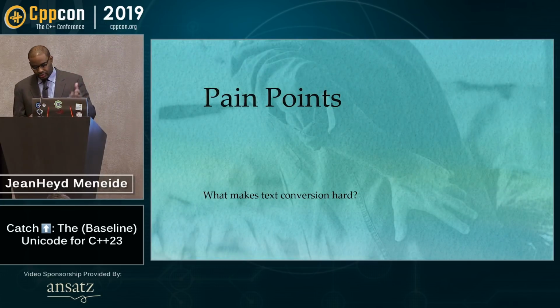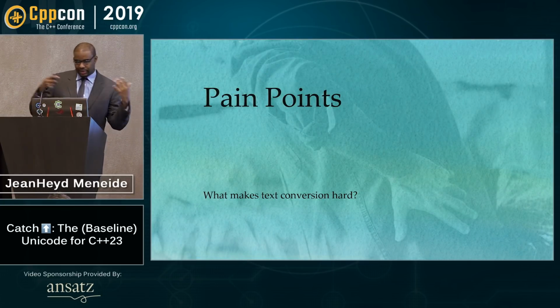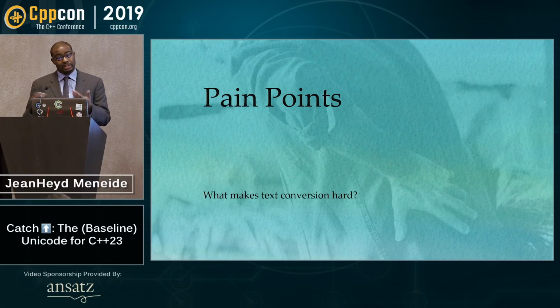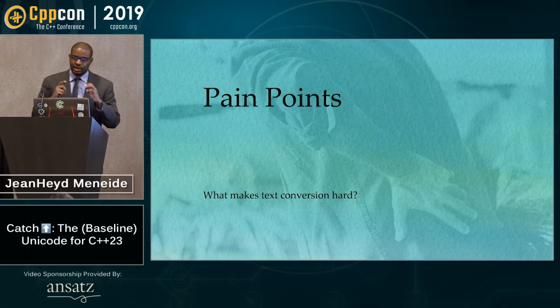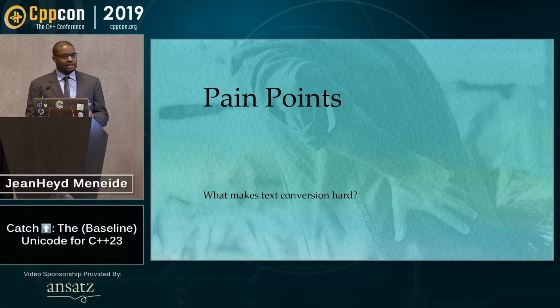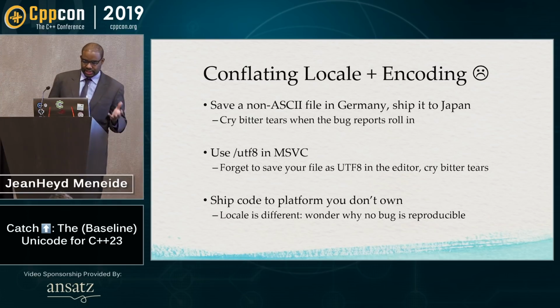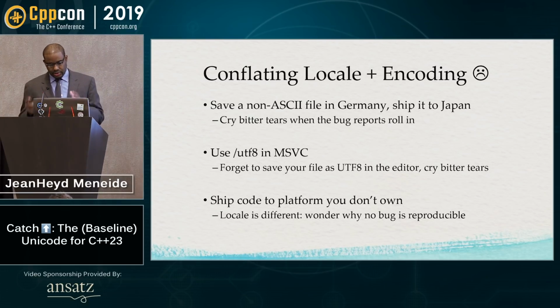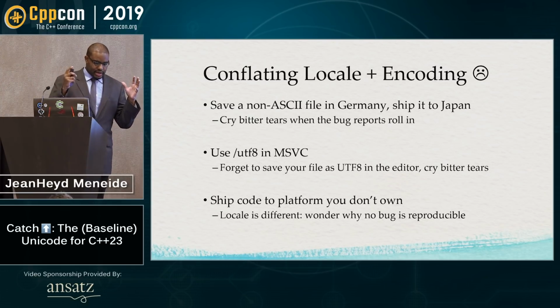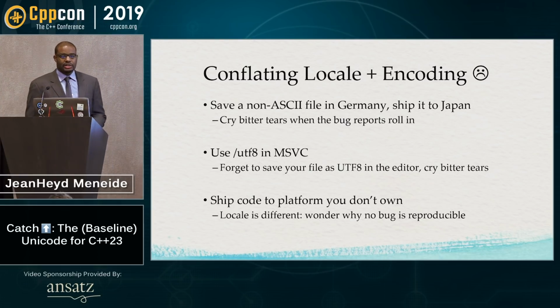And so what makes text conversion hard, right? So obviously streams, facets, and wstring convert need to be pulled out of the standard, but what other things really make text and encoding difficult in C++? One of the biggest problems is that locale and encoding are conflated together.